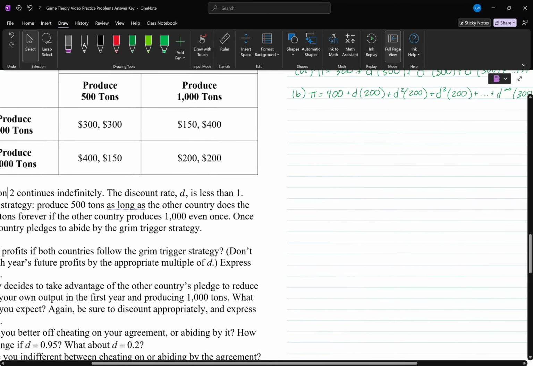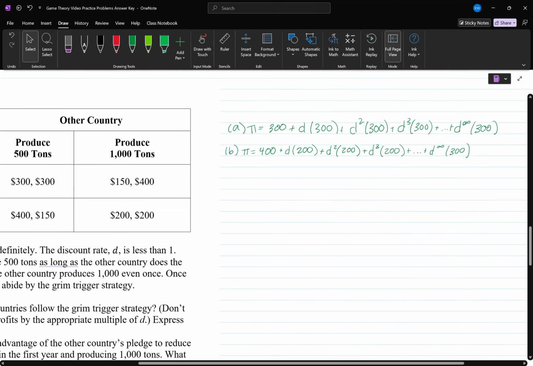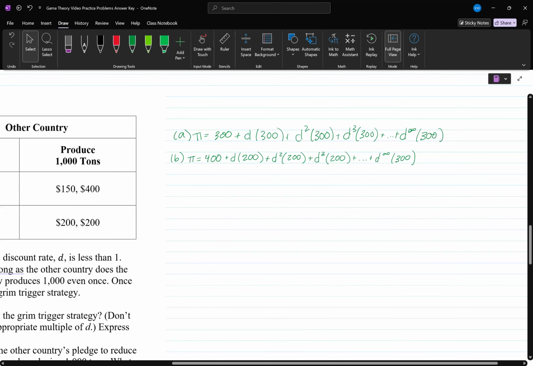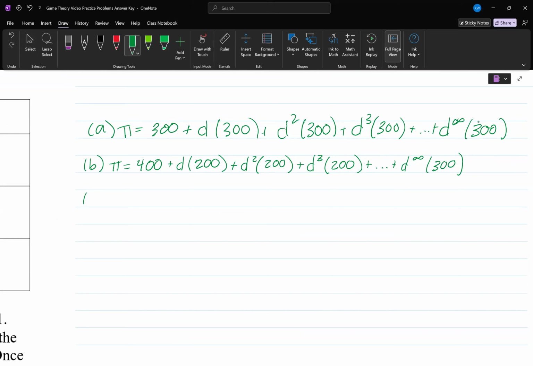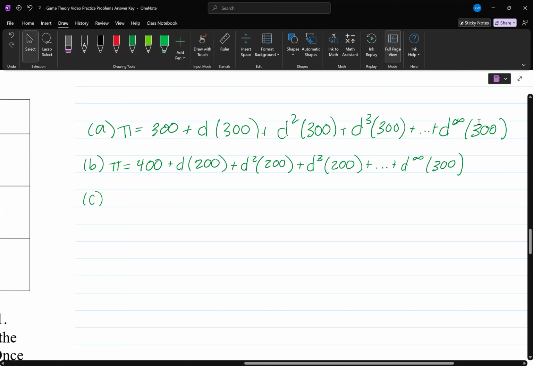So let's see. Now what we can do is compare these two values. We want to know what that difference is. Actually, let's go ahead, before we do that, that should be 200. We're going to rewrite these as infinite series.